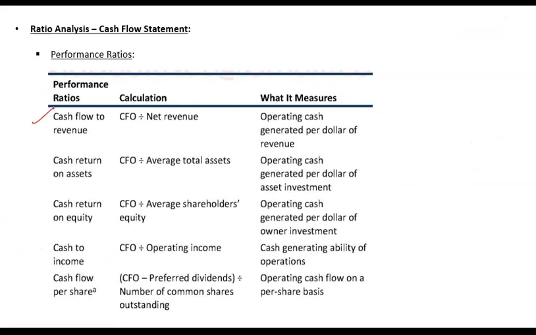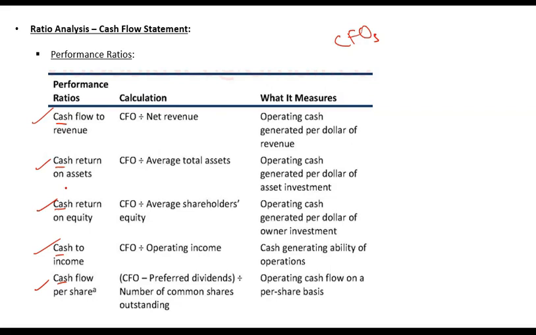Key performance ratios include cash flow to revenue, cash return on assets, cash return on equity, cash to income, and cash flow per share. In all of these ratios, the first word is cash. By cash, we do not mean the cash on the balance sheet or net cash flow. By cash here, we mean cash flow from operations.